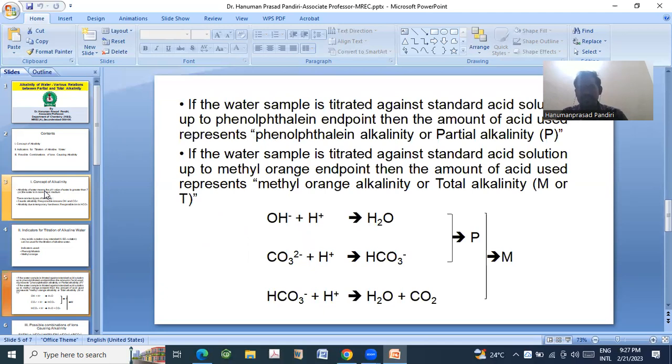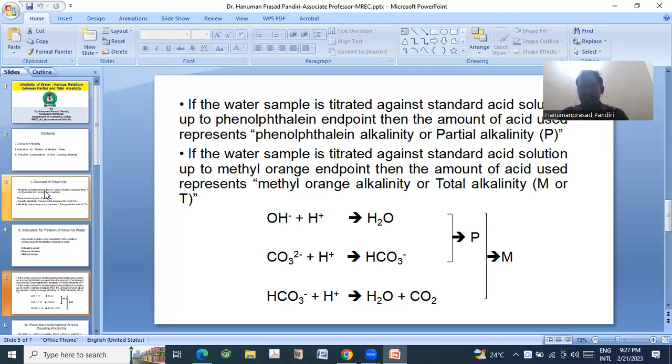If the given water sample is titrated against standard acid solution up to phenolphthalein endpoint, here phenolphthalein endpoint is nothing but the endpoint using phenolphthalein indicator, in this case, the total amount of acid used represents phenolphthalein alkalinity or partial alkalinity. This is denoted by P.